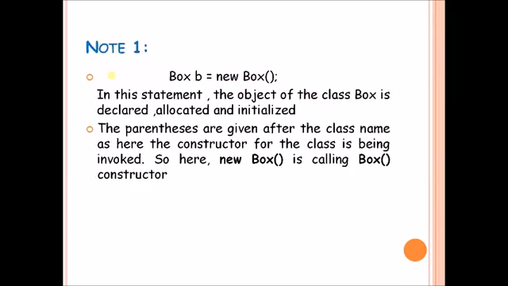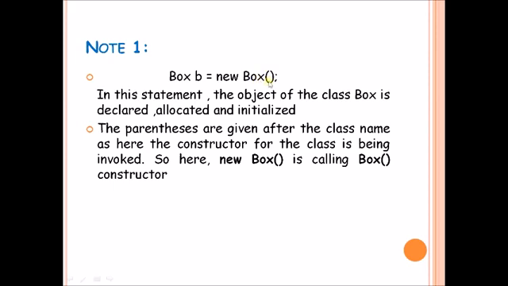There's a small note. Box B is equal to new box, which is the declaration statement of an object. Here the object will be first declared, allocated, and then initialized. There's kind of a confusion why they include a parenthesis after the second time the class name is mentioned.